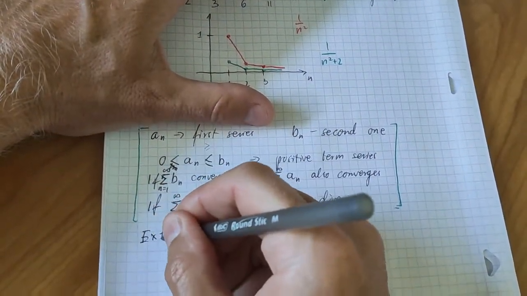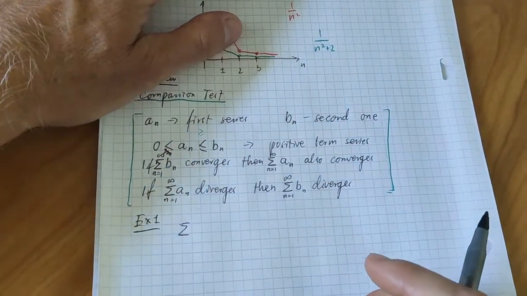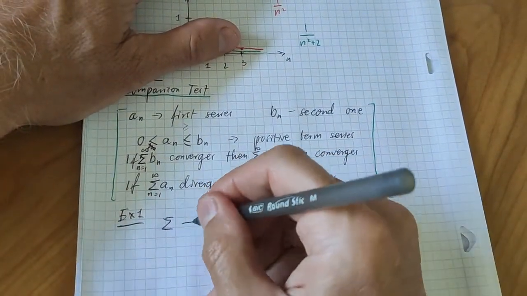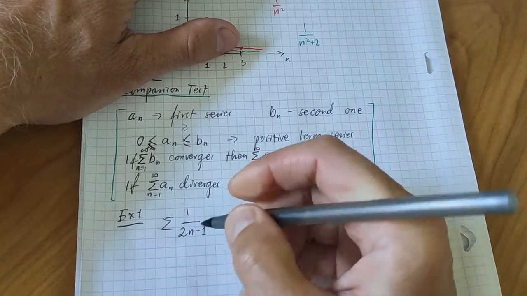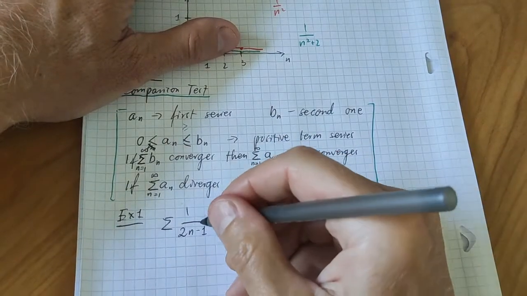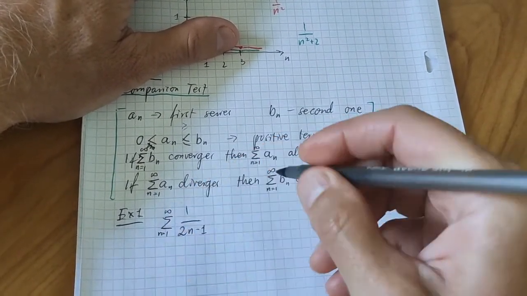Alright, so example 1, and I need to analyze something like this: the sum from n equals 1 to infinity of 1 over 2n minus 1.